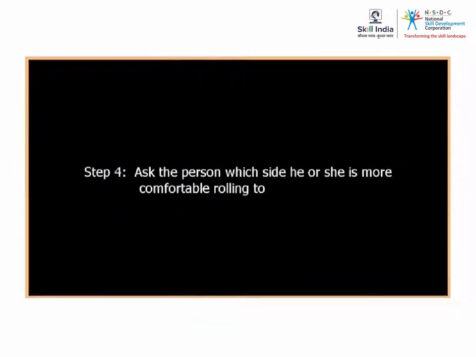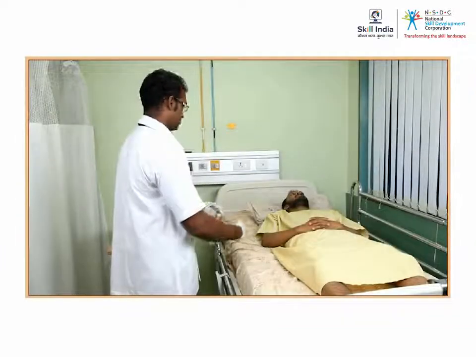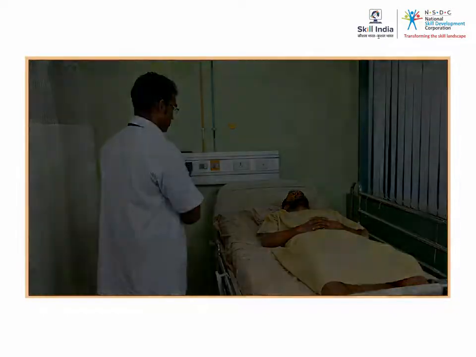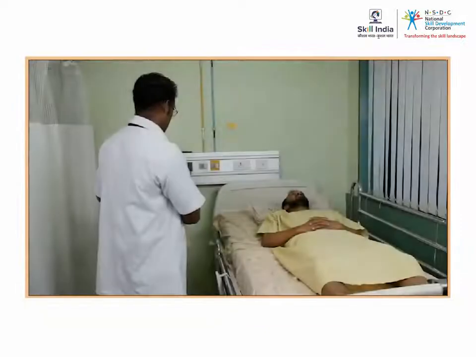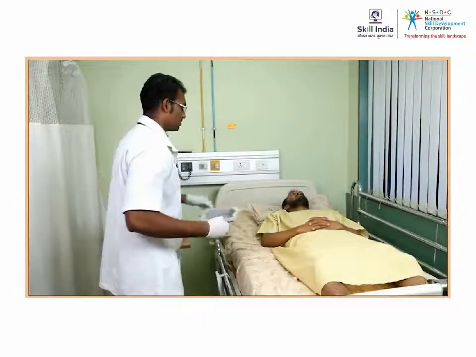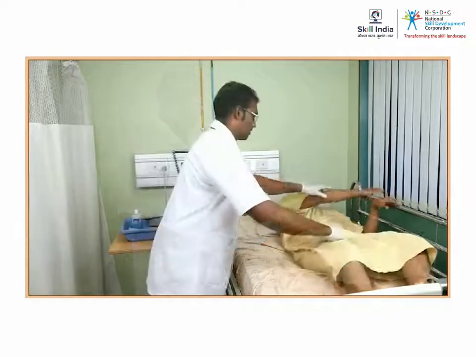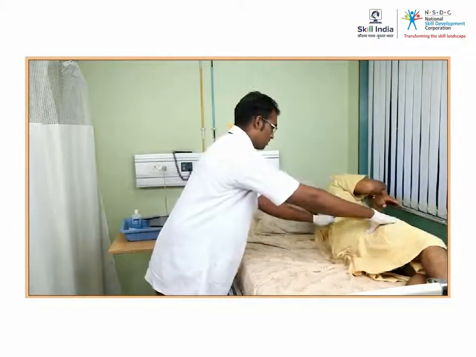Ask the person which side he or she is more comfortable rolling to. Ask the patient to grab the bed rails, if available, to stay onto the side they rolled.